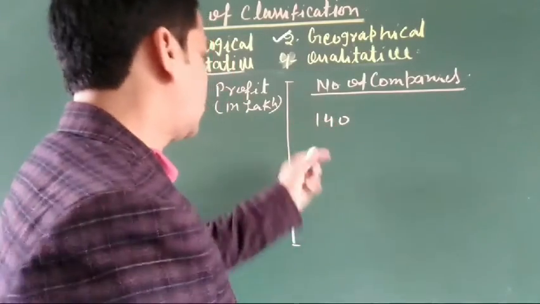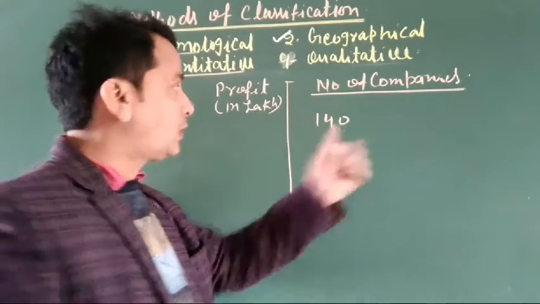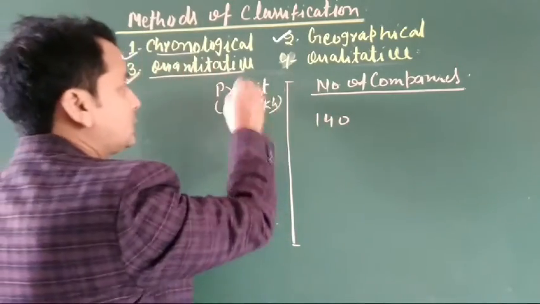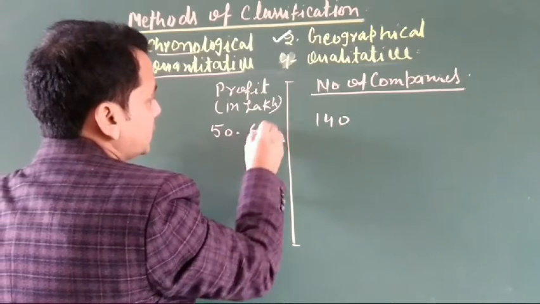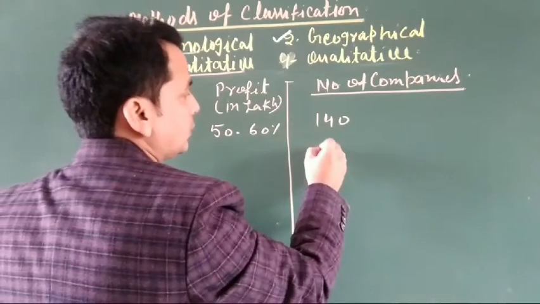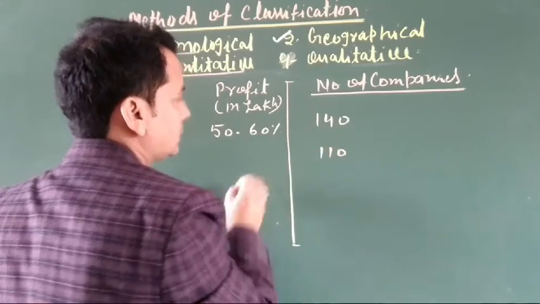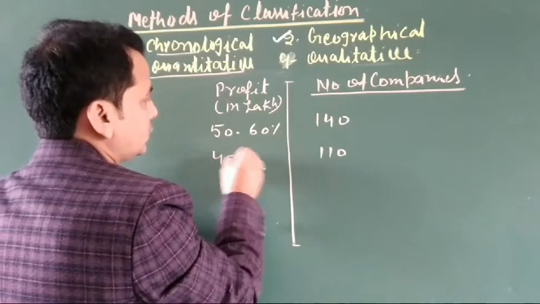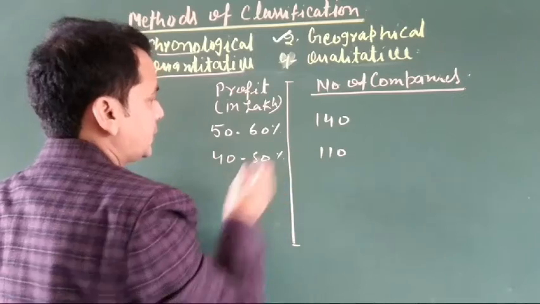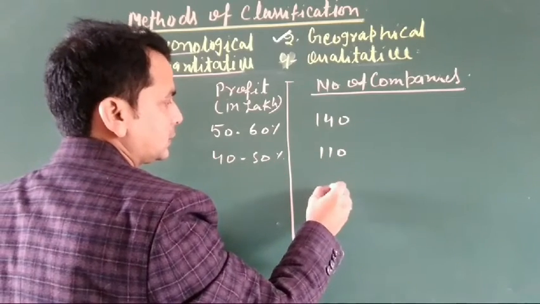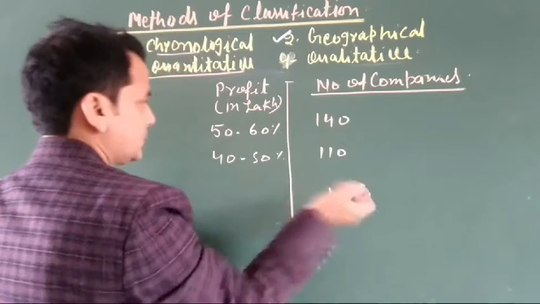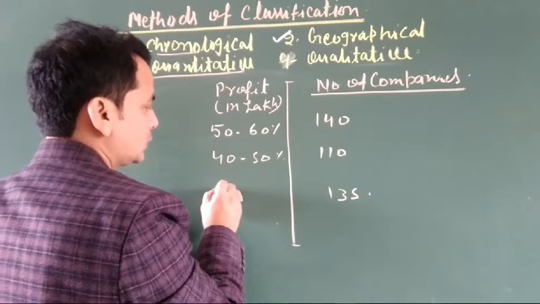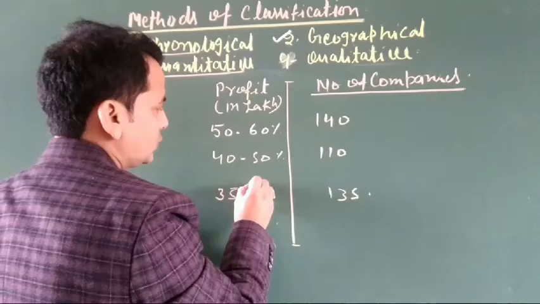The number of companies with a profit of 50 to 60% is 140, 40 to 50% is 110, and 35 to 40% is 135.